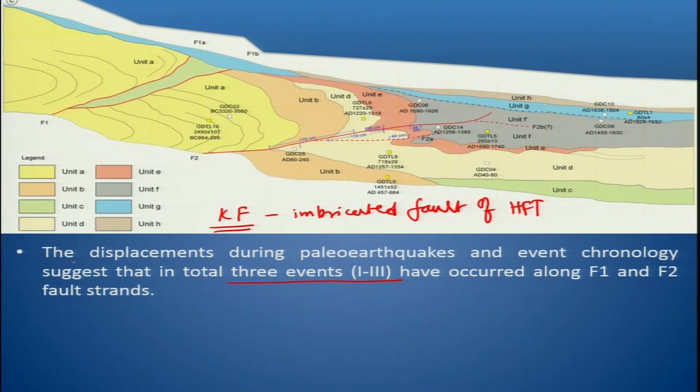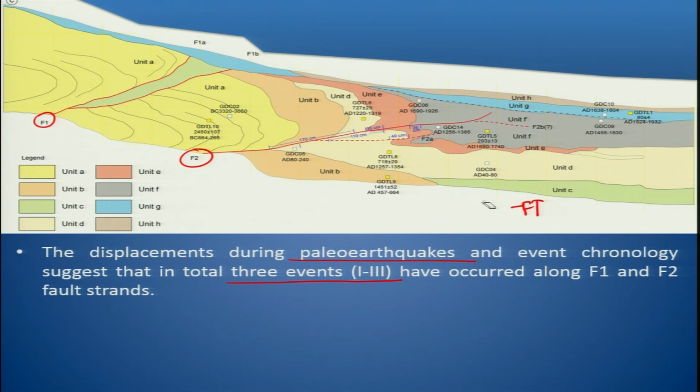So we say that the displacements during paleo-earthquakes and the event chronology suggest that a total of 3 events have occurred along the F1 and F2 strands. Out of these 3 events, two have occurred along F2 and 1 event, the older one, along F1.